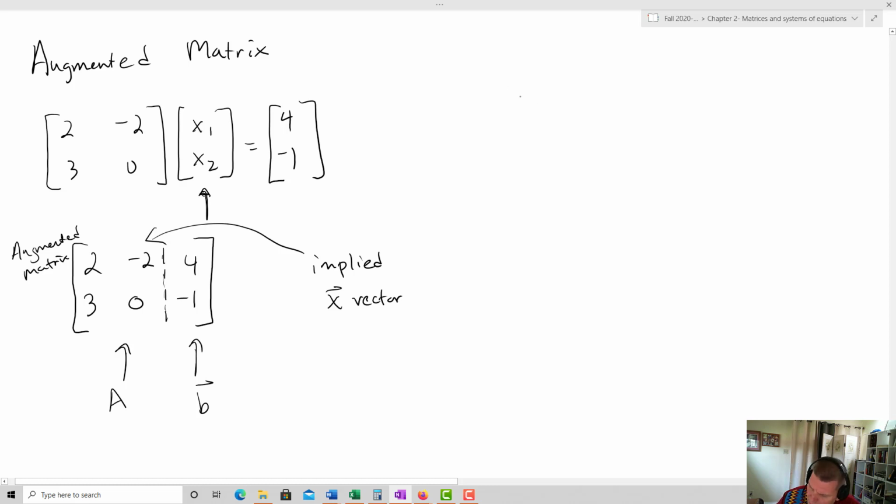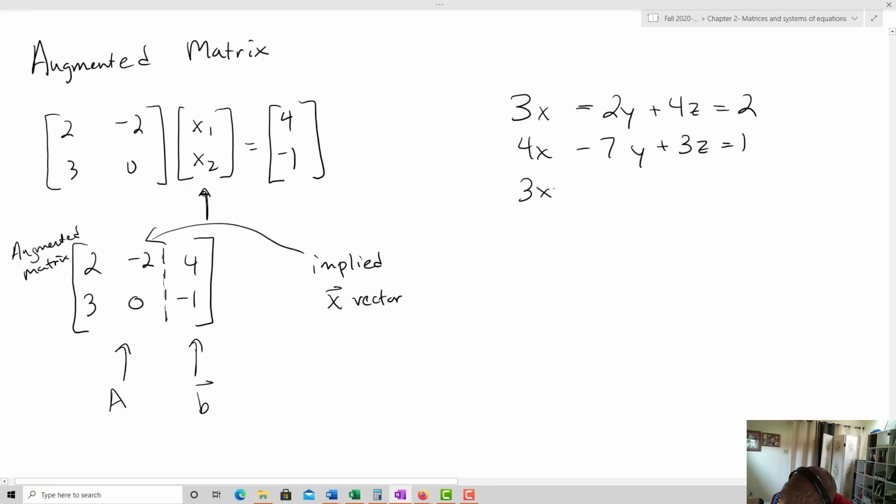For example, if I said 3x minus 2y plus 4z equals 2, 4x minus 7y plus 3z equals 1, 3x plus 2y minus 4z equals 0, I can rewrite this as an augmented matrix, and we're going to see that it's going to come in very handy when solving.